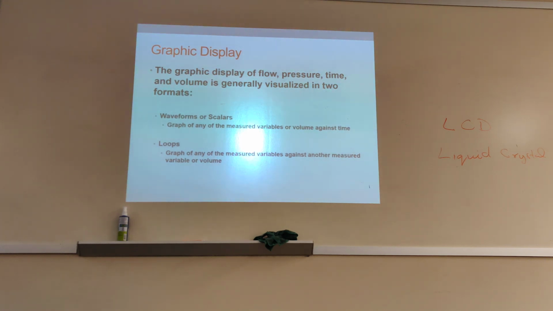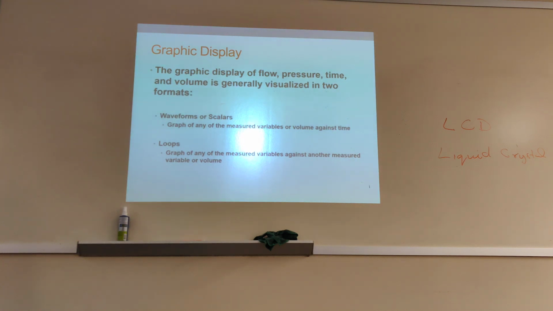A waveform or scalar is the graph of any of the variables, the tidal volume, the flow, and the pressure against time. When you plot the graph of tidal volume, pressure, or flow against time, it is called a waveform or scalar. But when you plot the graph of tidal volume against flow, or tidal volume against pressure, that would be a loop.